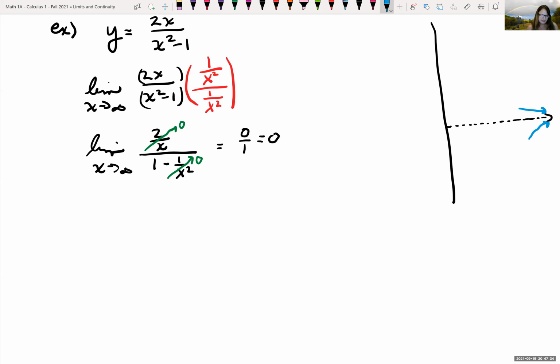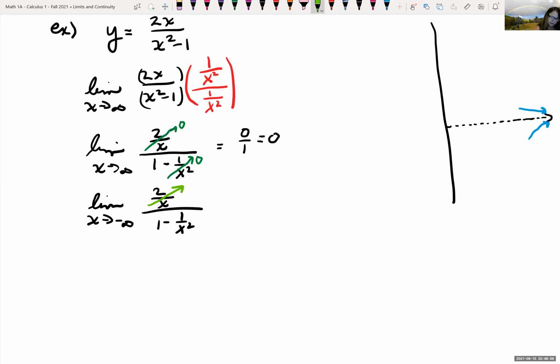Same sort of idea for the limit as x is approaching negative infinity. I'm going to have the same problem. I'm going to get negative infinity over positive infinity, which is -1 times infinity over infinity, which is indeterminate. I would do the same sort of reasoning. So when I look at the limit as x goes to negative infinity, I can look at the equivalent form 2 over x over 1 minus 1 over x squared.